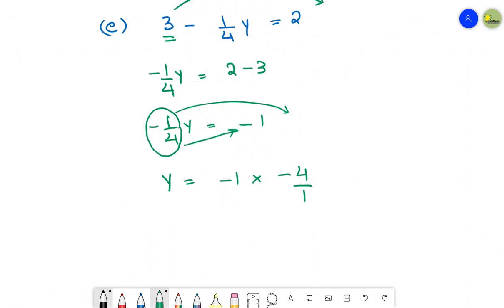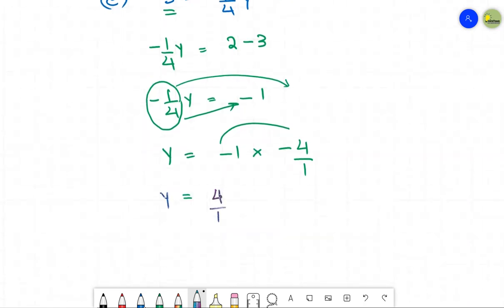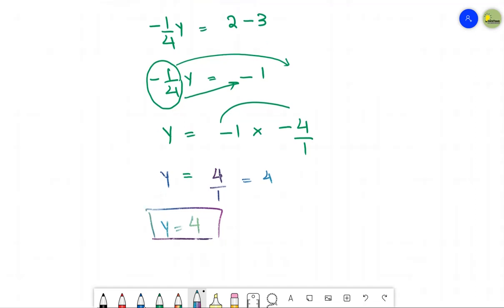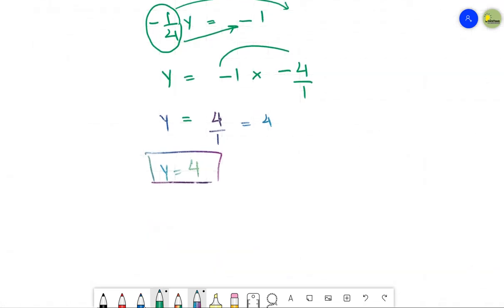So 1 will be written in the denominator and 4 in the numerator in order to multiply. Minus minus will be multiplied. It becomes plus. 4 ones are 4 upon 1. This is y. y equals to 4 upon 1, or you can simply write 4. So this is how you can write the answer y equals to 4 of your question part E.